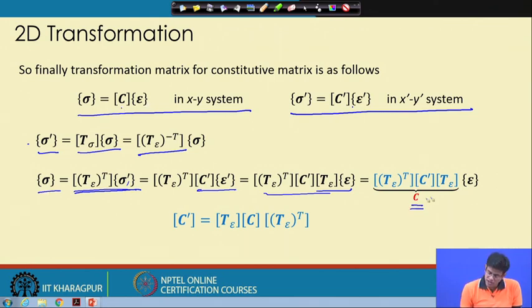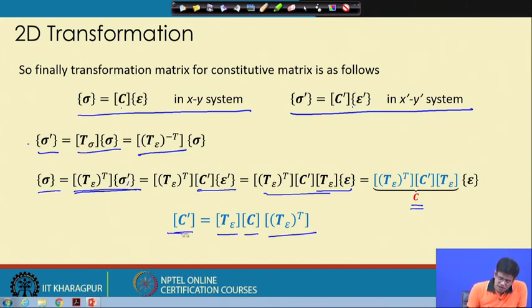So, I can write C is equals to this, and then again if I do inverse, I multiply inverse and then transpose. So, I get C prime is essentially T epsilon C T prime T epsilon transpose.